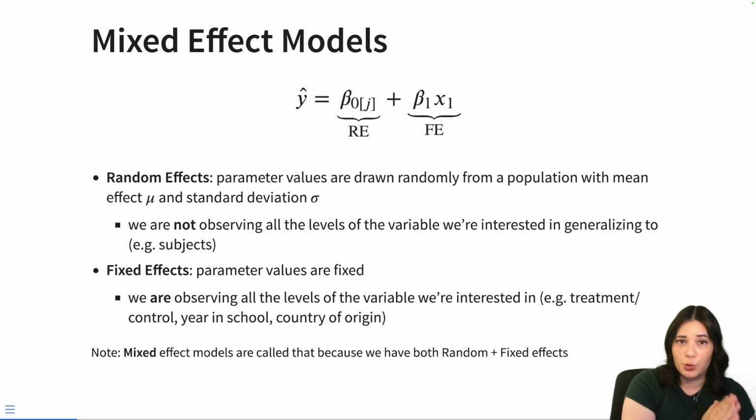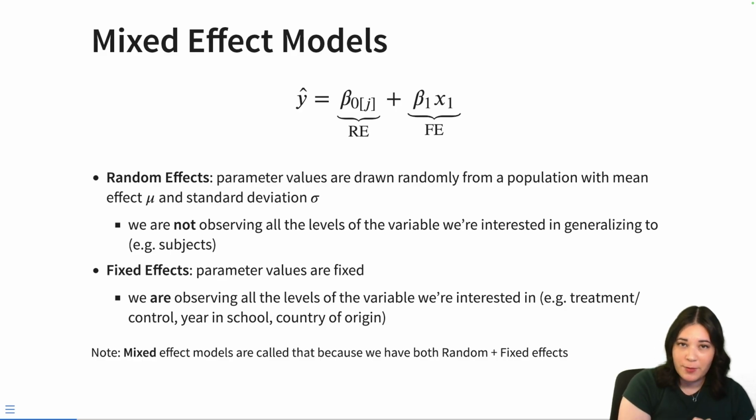And if you ever Google this or ask ChatGPT what the difference between a random effect and a fixed effect is, you're going to get like 30 million different answers. Honestly, I think people are still arguing today about how to distinguish between random effects and fixed effects. So I like to basically think about, should something be a random effect or a fixed effect based on what the actual data is and how you want to handle it.